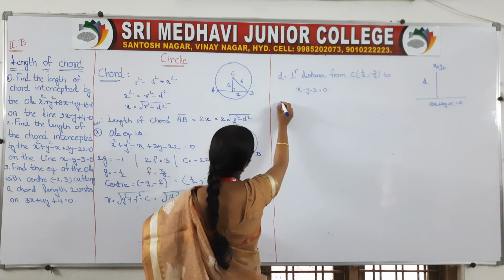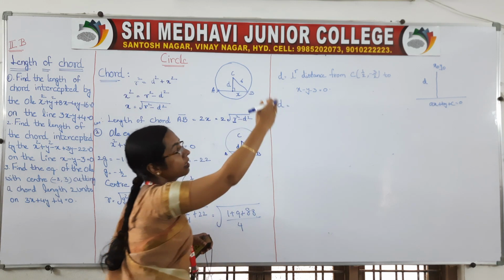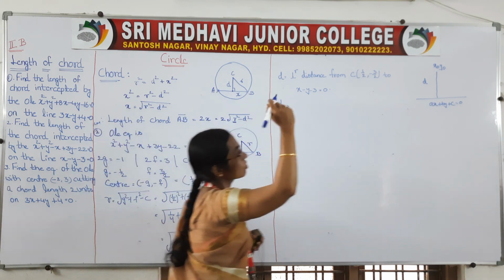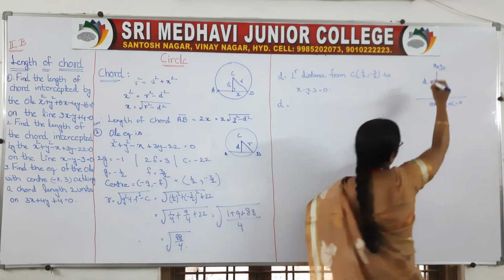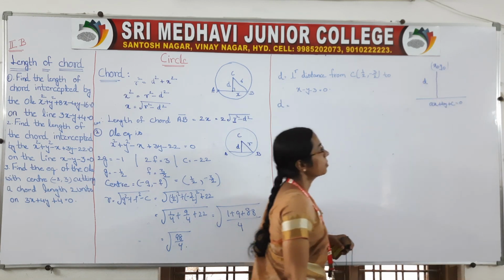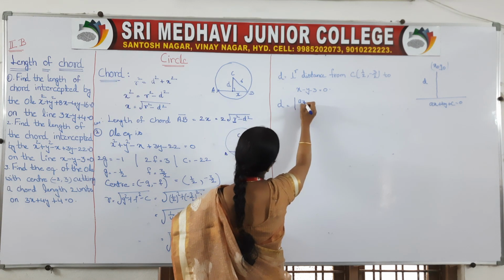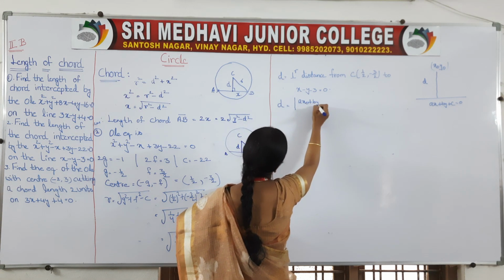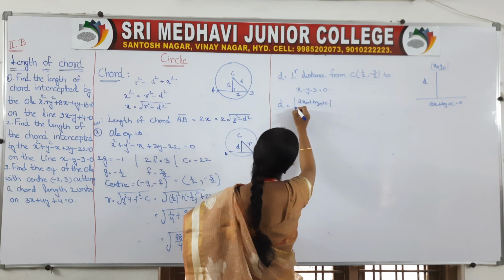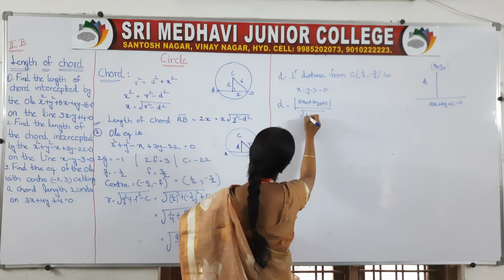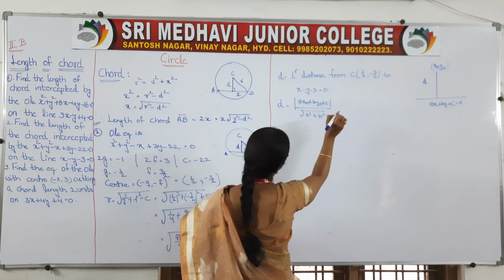So same, what is the formula? I said the perpendicular distance from x naught y naught to the line ax plus by plus c is equal to 0 is, what is the formula? You got this formula in your first year B paper, right? It is modulus of a x naught plus b y naught plus c, by root of a square plus b square.